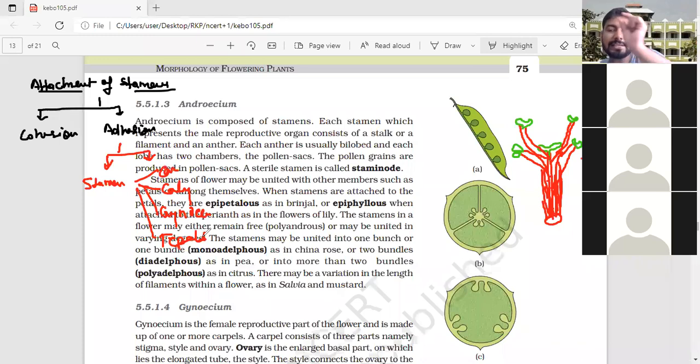Because the stamen gets attached with a different part: either calyx, corolla, tepals, or gynoecium. So this condition is known as adhesion. One is the stamen, and the other is a different part. Is it clear? Cohesion, adhesion clear.